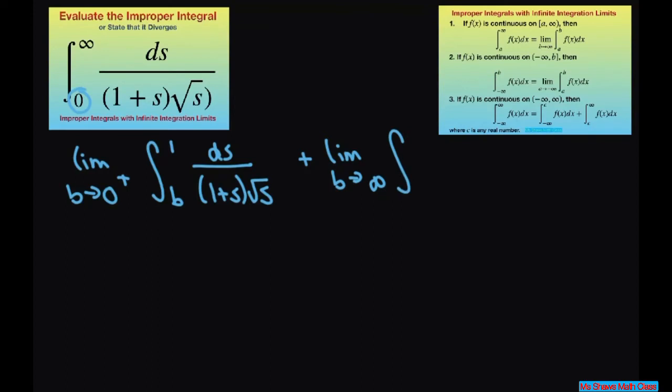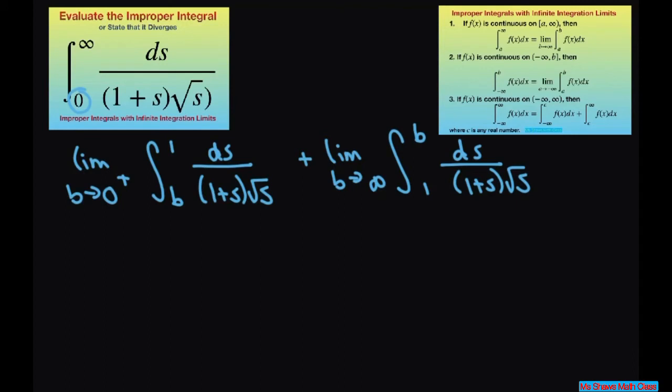And then we have ds divided by 1 plus s square root of s. Then we're going to have plus the limit as b approaches infinity, and then this is going to be from 1 to b. All right, and then we have ds divided by 1 plus s square root of s.